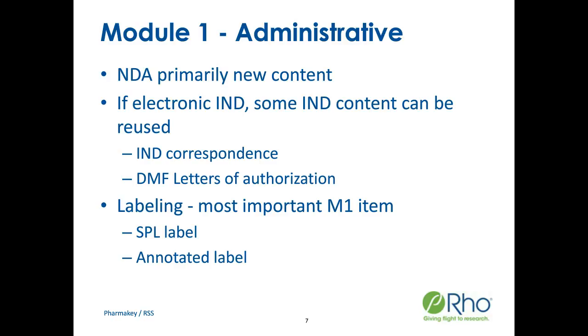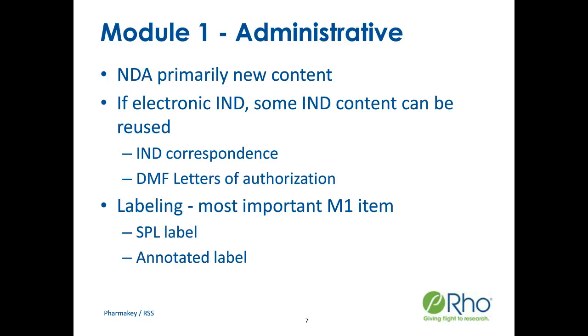You want to think about getting an SPL supplier, vendor, to get that label into SPL format. But you really want to start thinking about that annotated label. That's one of the key parts of the NDA. It's often left to the last minute and almost as an afterthought.